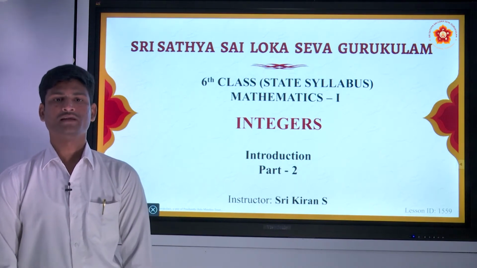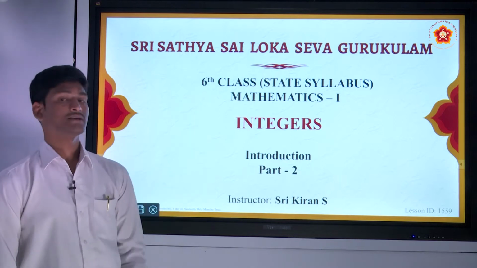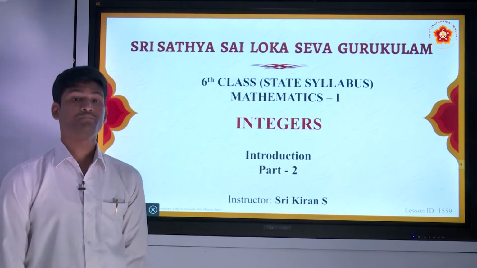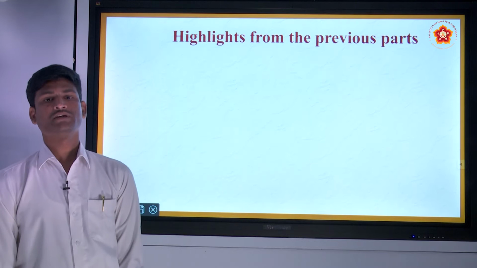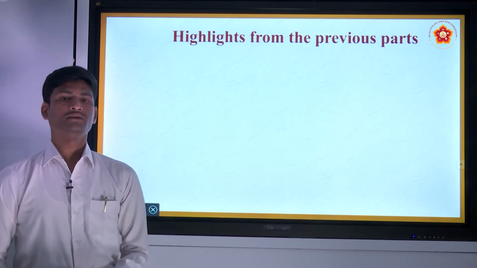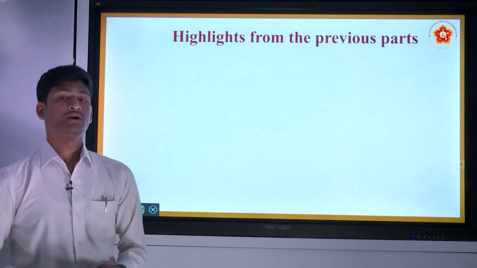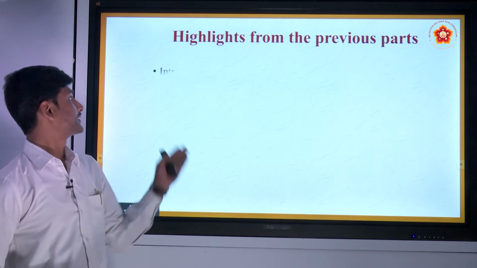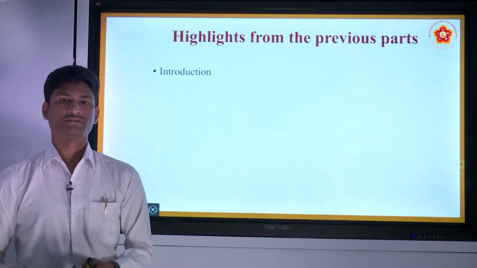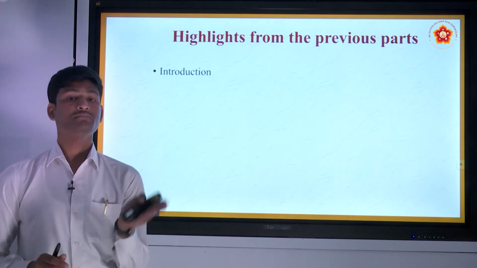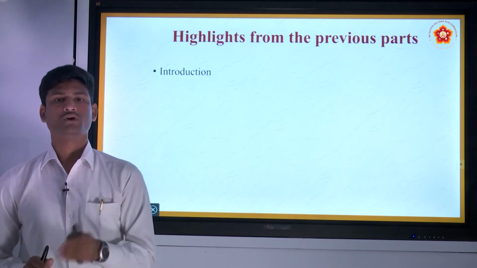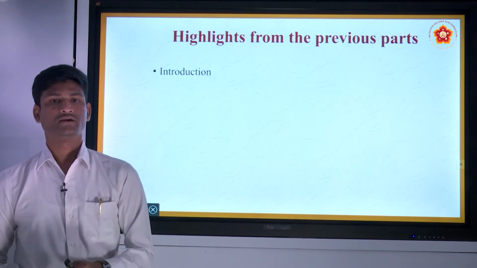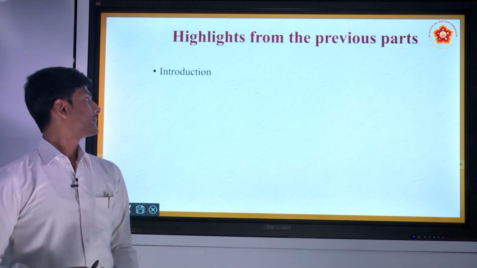Today we will learn about 6th class mathematics, integers part 2. Let us begin. In the previous class we already discussed the introduction. Natural numbers are nothing but counting numbers. We start from 1 to infinity, right? Then whole numbers.